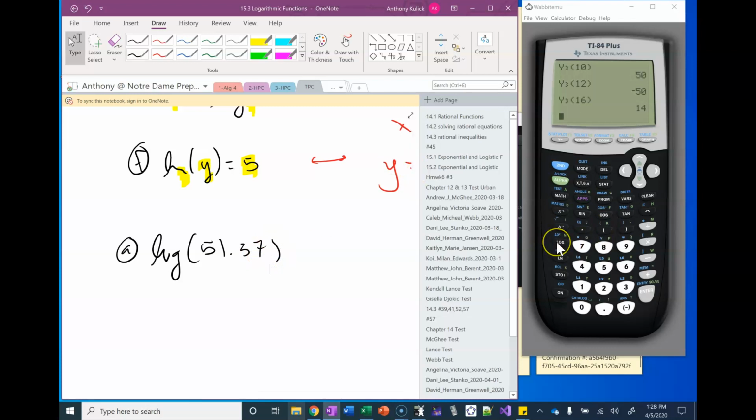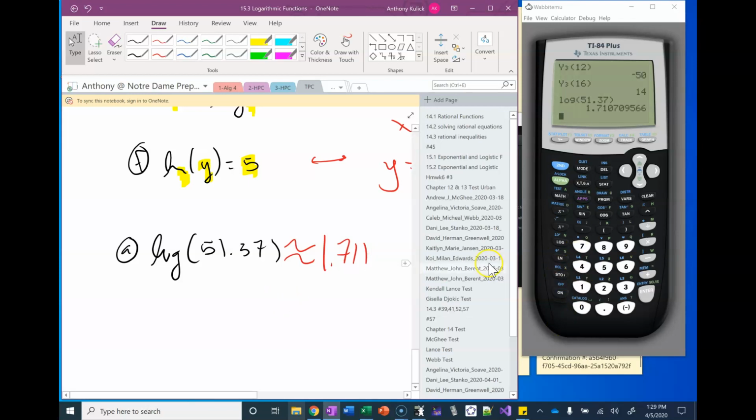You'll notice on the left-hand side of your calculator is the log button, and I can just type 51.37 and press enter. So that's about 1.71. We'll round that to 3 decimal places maybe.